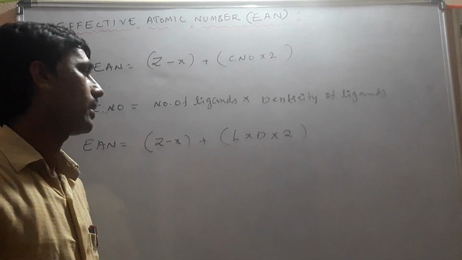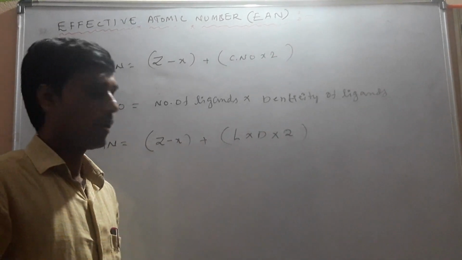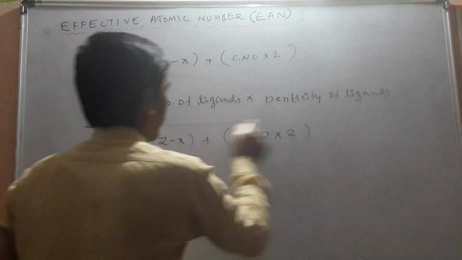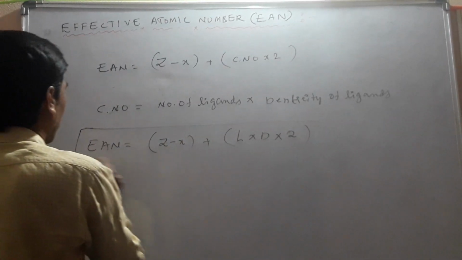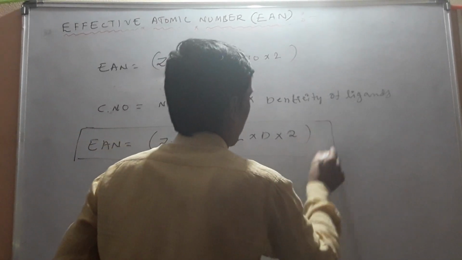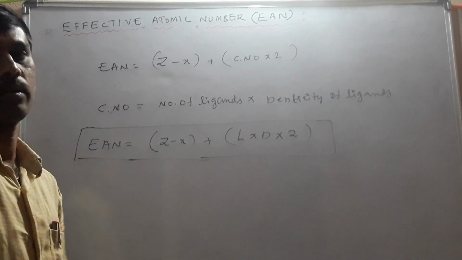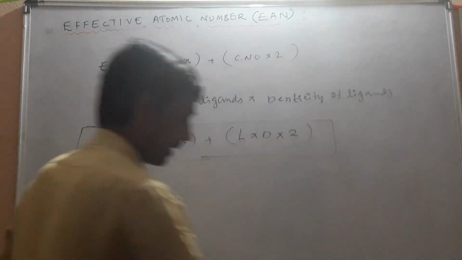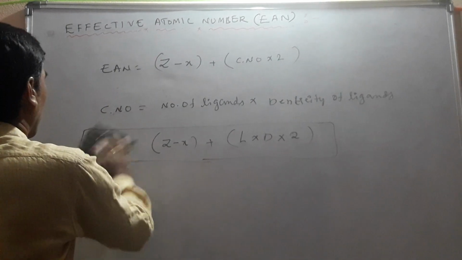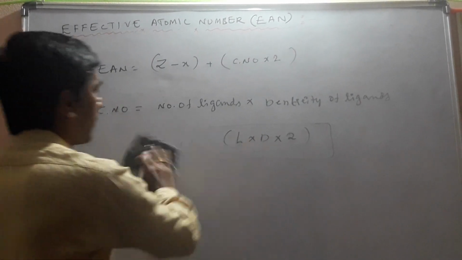That's why we are using this number 2. We use this formula to find out EAN values of various compounds. Okay, we are using one example. How to calculate these EAN values?